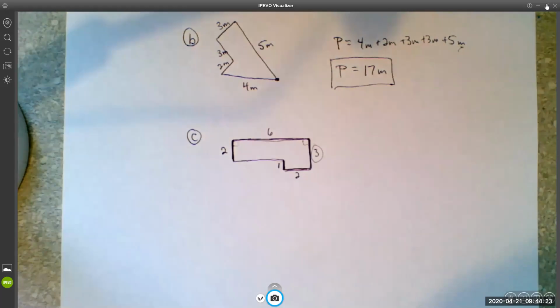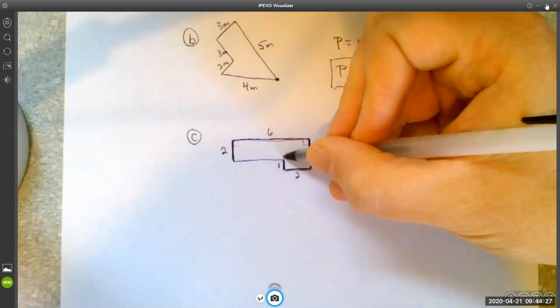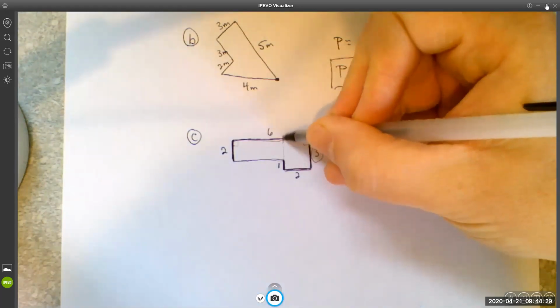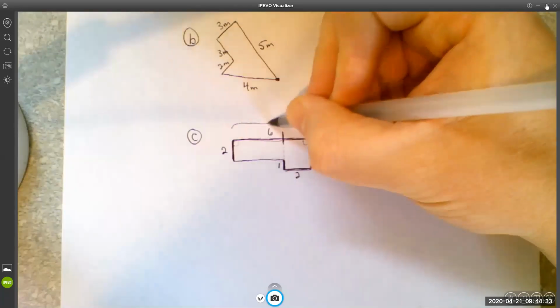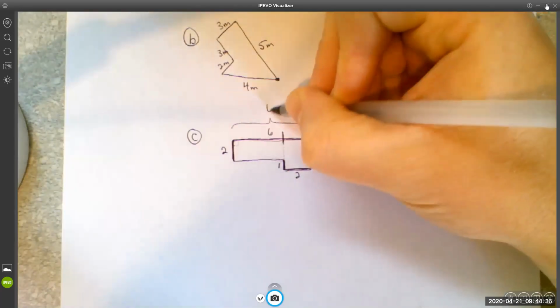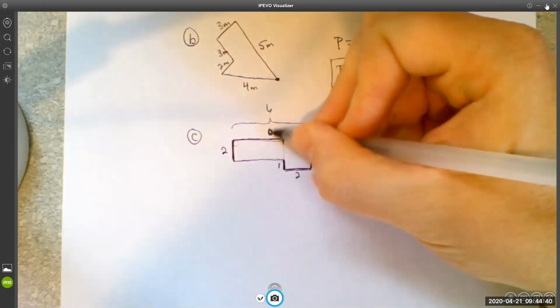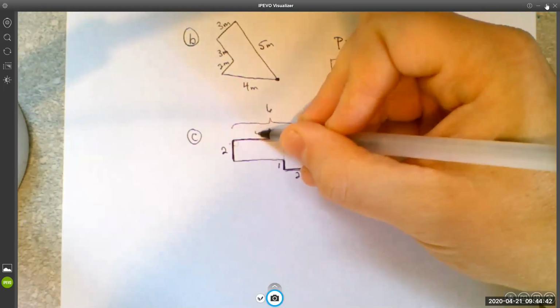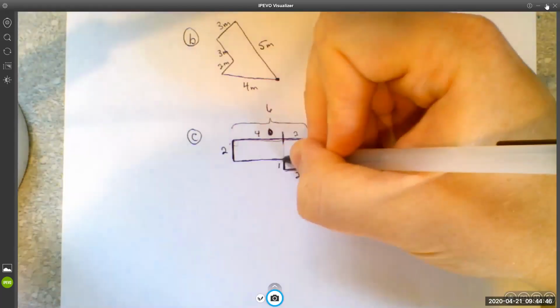But if you extend this line all the way up, and you know that from here to here is 6, and from here to here is 2, then from here to here should be 4. Which means the length of this side is 4.